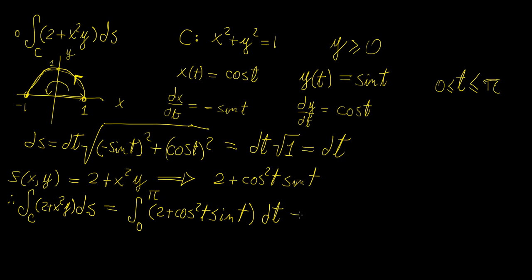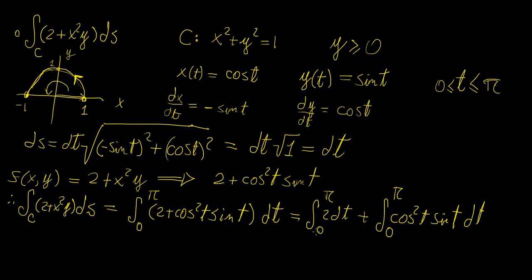Now we know from the theorem of integrals that we can just separate this into two. So we have the integral from 0 to pi of 2 dt plus the integral from 0 to pi of cosine squared t sine t dt. The first one is quite straightforward. We're going to get just t evaluated from 0 to pi.